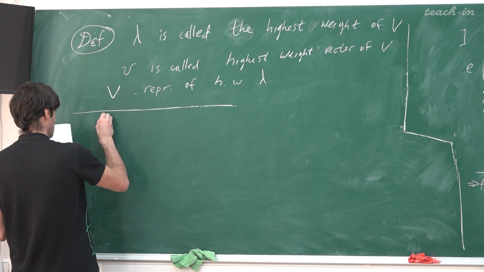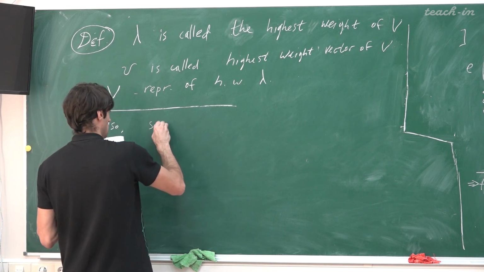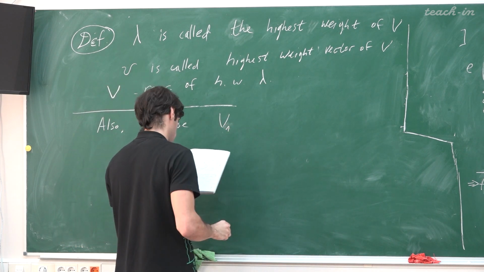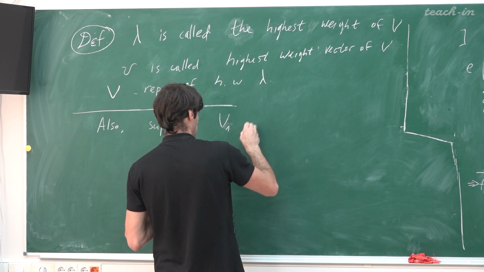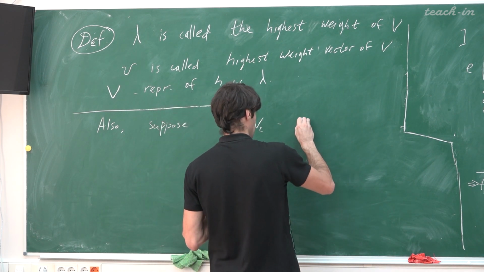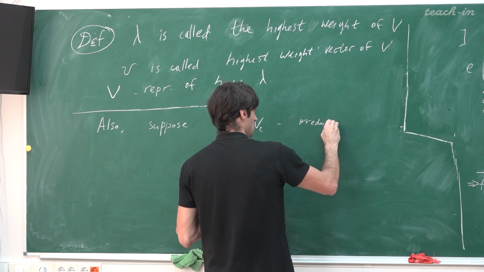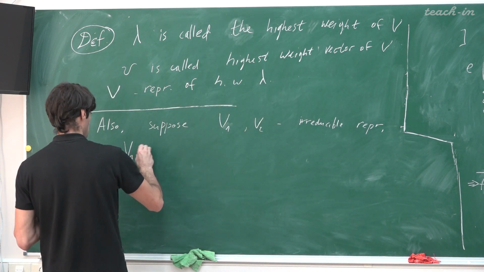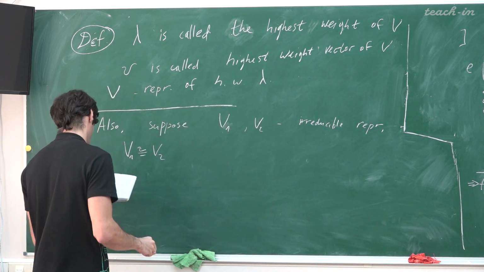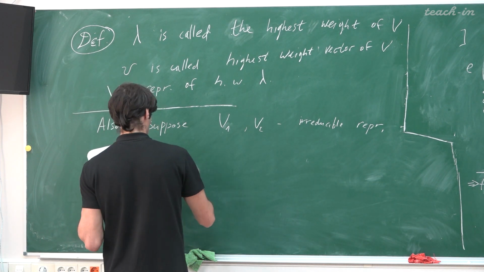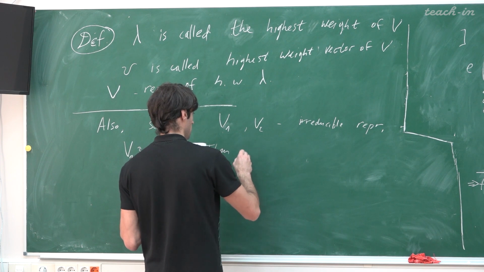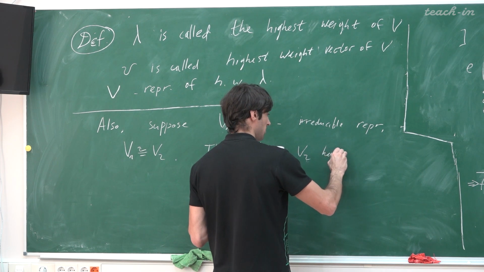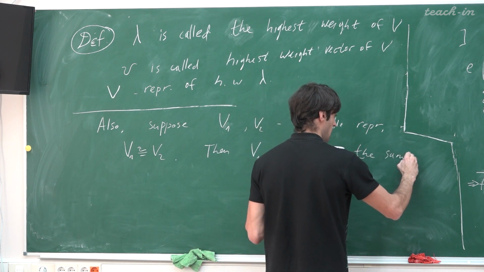So suppose V1 and V2 are irreducible representations, and V1 is isomorphic to V2. Then V1 and V2 have the same highest weight.